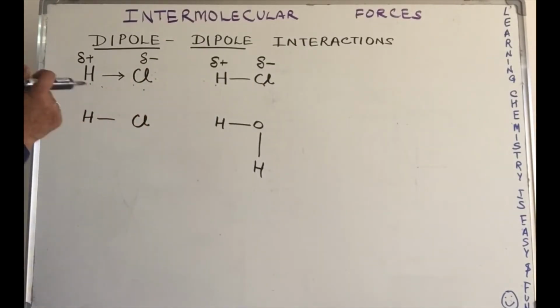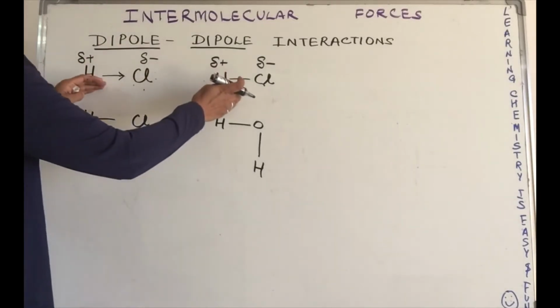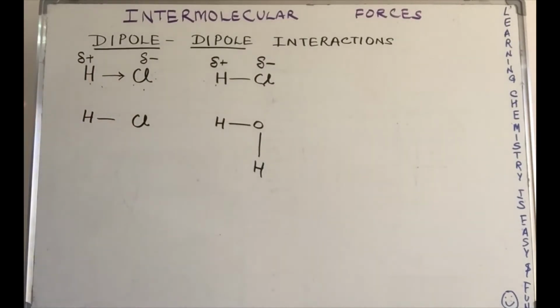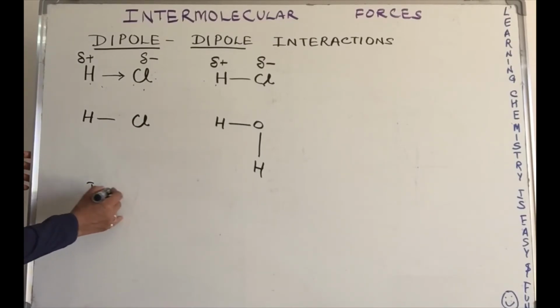closer to each other. But we know that HCl is a gas. So do these forces of attraction exist even when the molecules are far away from each other? No. The strength of these forces is not very high. It's not as strong as the ion-dipole interactions.